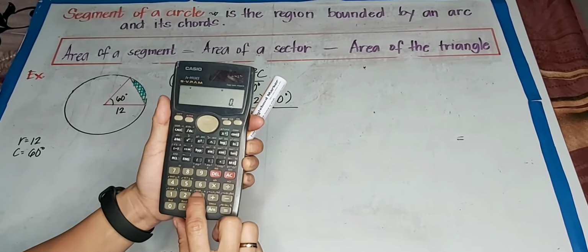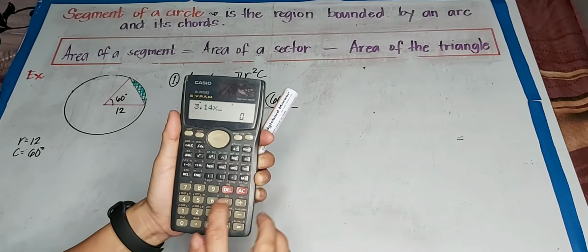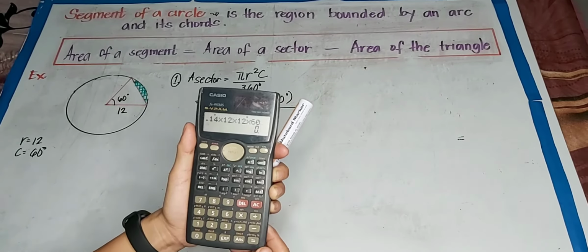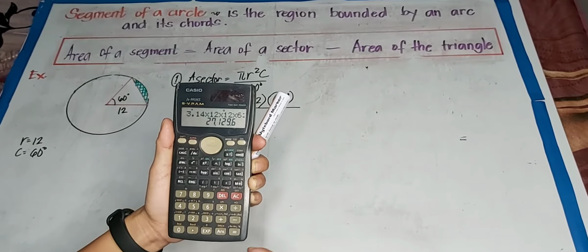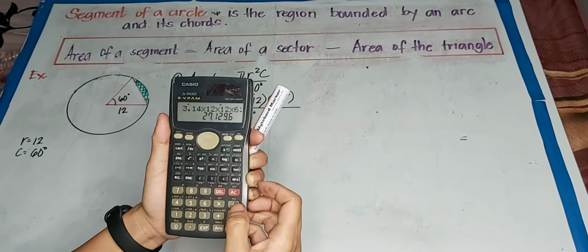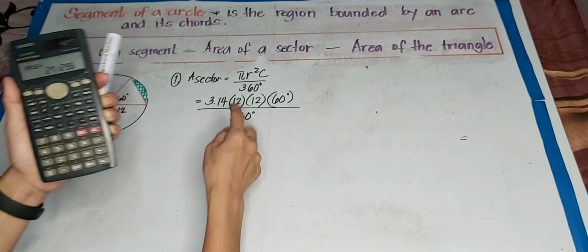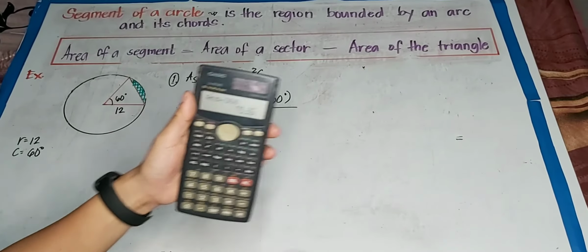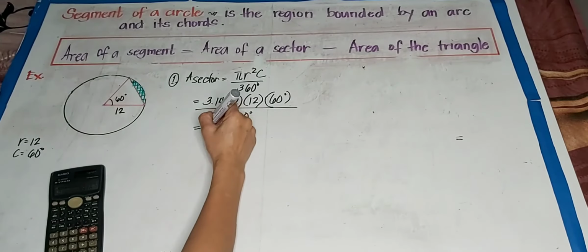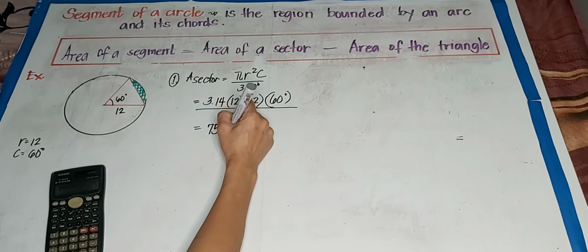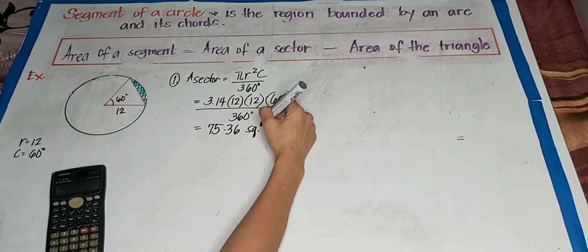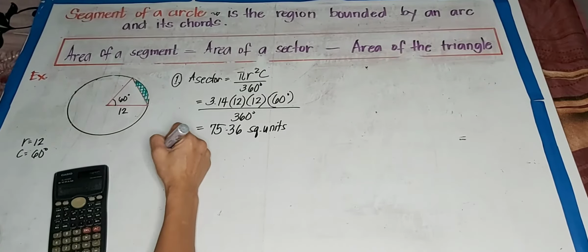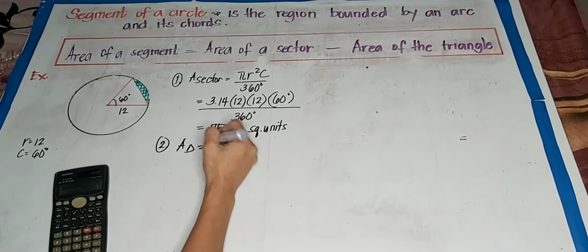Pwedeng dire-diretso na. 3.14 times 12 times 12 times 60, divided by 360. The answer is 75.36 square units. And next, step 2, area of the triangle.